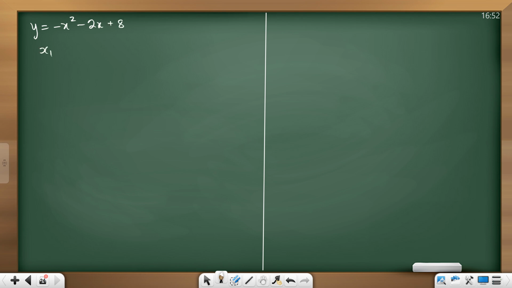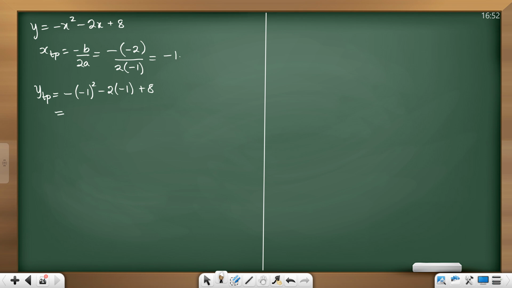All right, what is x turning point? Minus b over 2a, minus 2 there over 2. Your a is -1. And this will give you -1. Now, how do you get your y turning point? You substitute. Plus 8.